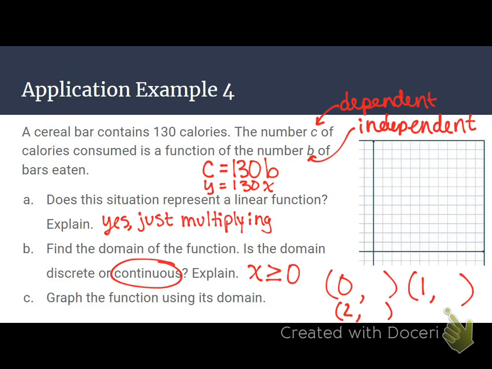If I don't eat any cereal bars, how many calories have I consumed? 0. If I ate 1 cereal bar, how many calories? 130. If I ate 2 cereal bars, 260. Now this is not all of the values, but this will get us enough to make our line. Again, you have to choose your scale.